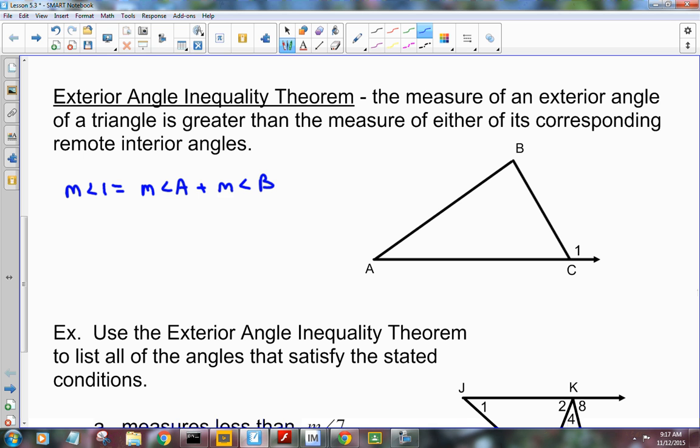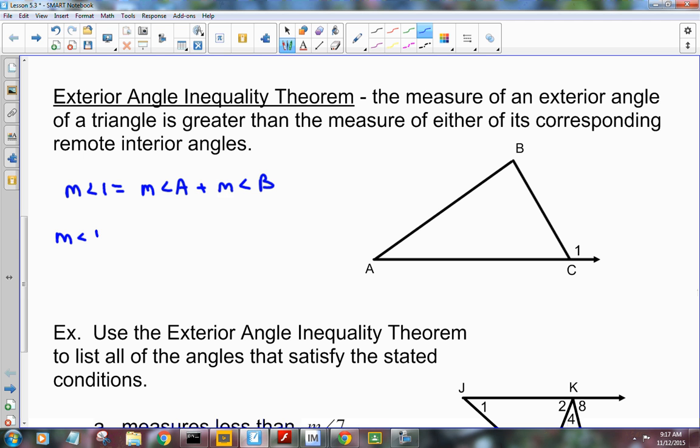This theorem says that the measure of the exterior angle is greater than the measure of either of its corresponding remote interior angles, which makes sense because if this is equal to the sum of those two, A and B, then angle 1 is going to be greater than A and greater than B. So that's what that theorem tells us.